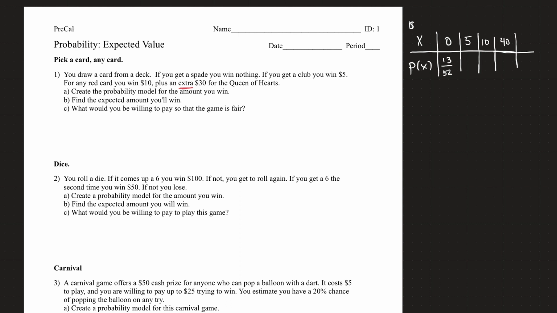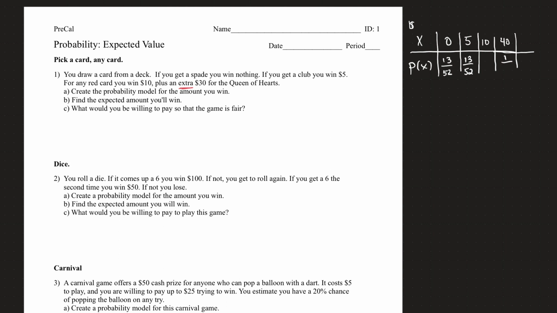That's where you get the 13 out of 52. You could also say 1/4 here because that's what it reduces to. If you draw a club, here again, there's 13 out of 52. For any red card, now we would say there's 26 out of 52. Half of the deck is red, half of it is black.